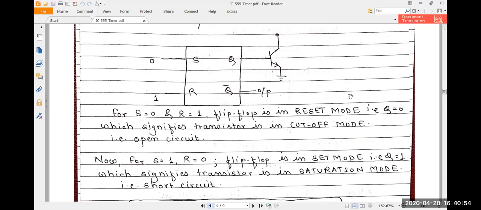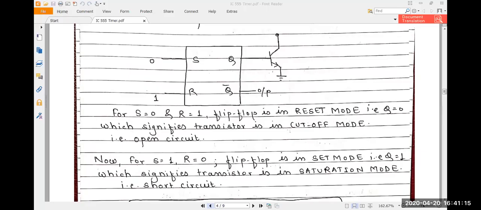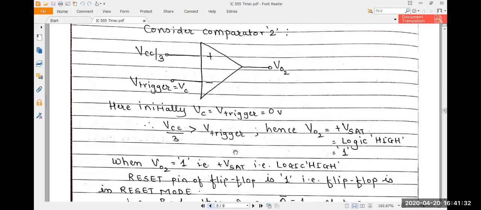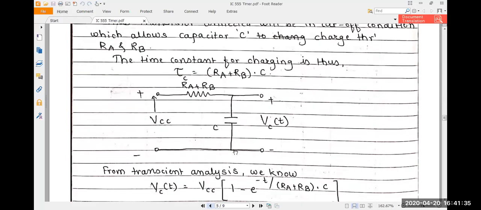For the other inputs, that is S is 1 and R is 0, the flip-flop is in set mode, then we know Q is equal to 1, which signifies that the transistor will be in saturation mode, that is, short circuit.